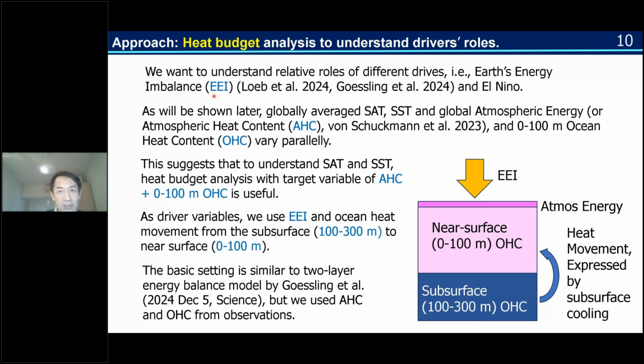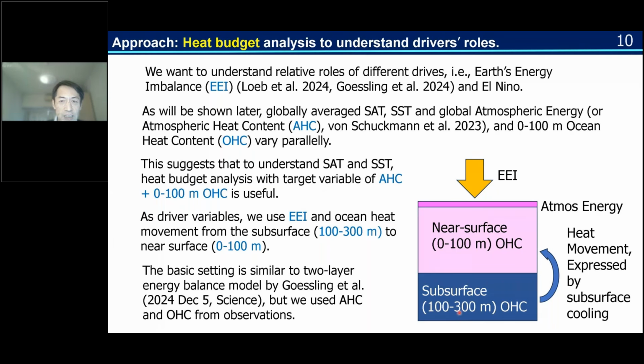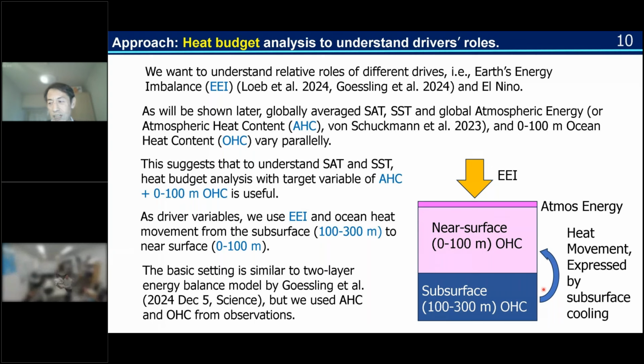The second driver is El Nino. Earth energy imbalance heats the atmosphere and the surface ocean from the top, and El Nino transports subsurface ocean heat content anomaly to the near surface. These two factors act to warm the near-surface ocean and also the atmosphere.